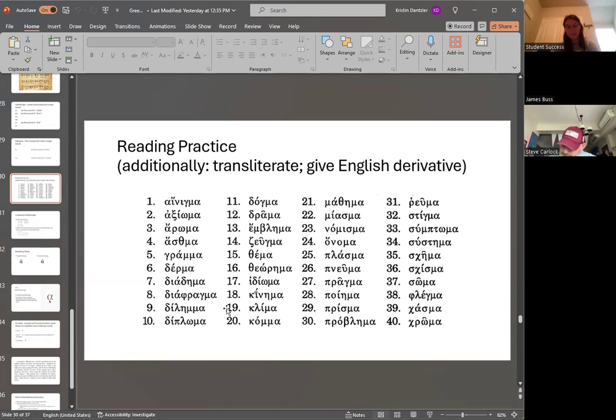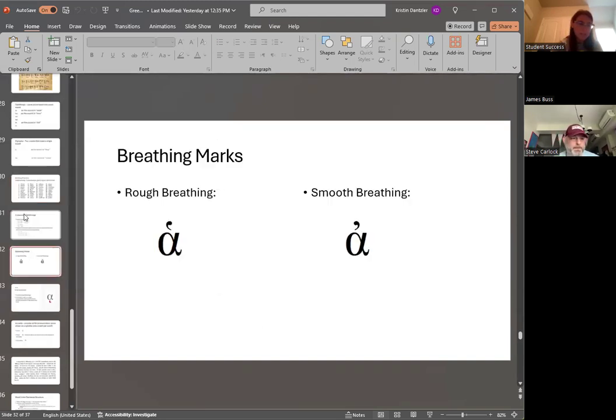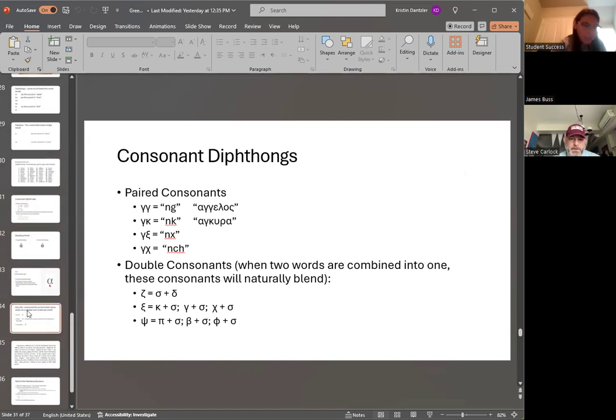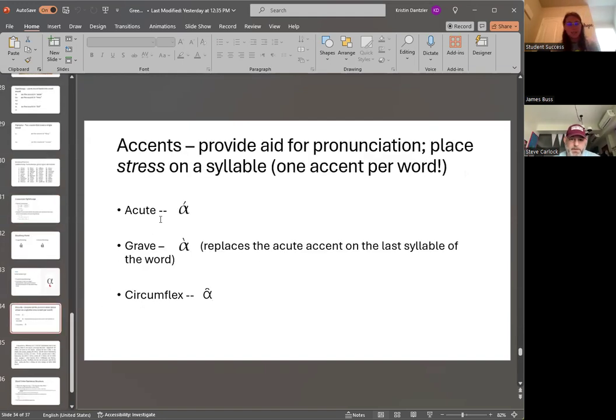The iota. I'm trying to remember the accents. That'd be an acute sound, correct? Yes. The only thing that this particular accent indicates is what syllable to put the stress on when you say the word.